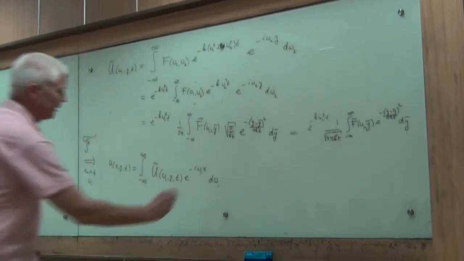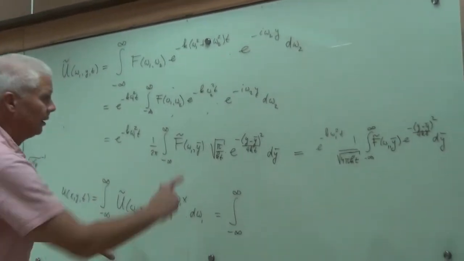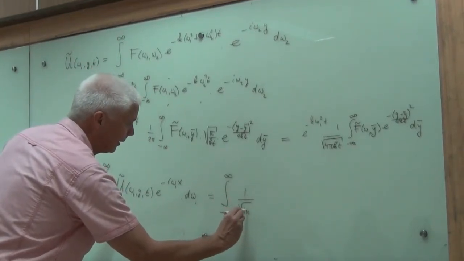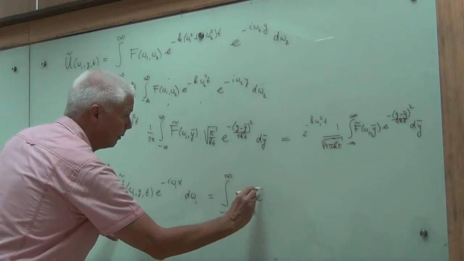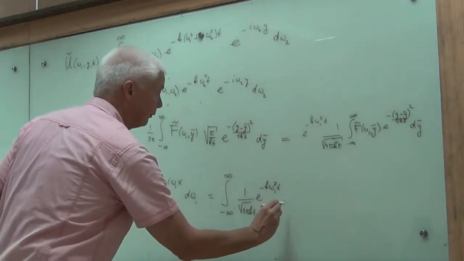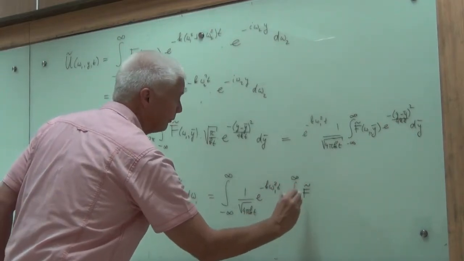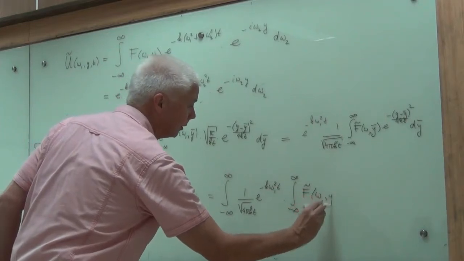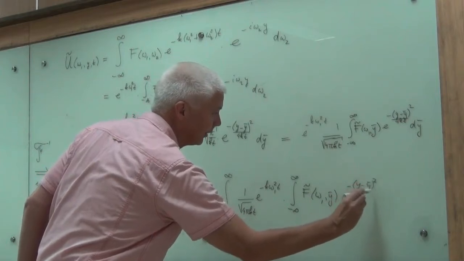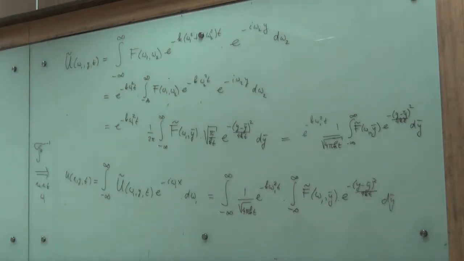Okay, so let's substitute that in. So I have to compute the integral from minus infinity to plus infinity, then substitute that integral, 1 over 4 pi kt, e to the power minus k omega 1 squared t, and then I have an integral from minus infinity to plus infinity, f tilde omega 1, y, e to the power minus y squared over 4kt, dy.